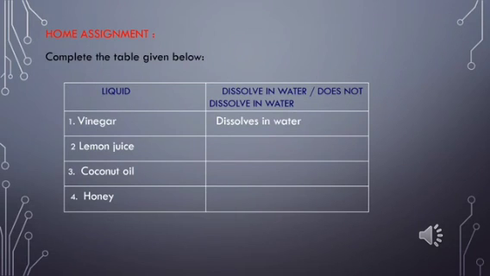Second one, lemon juice. Third one, coconut oil. Fourth one, honey. In case you do not know the answer, you can take these samples at your home and try to dissolve them in water and write the answer.